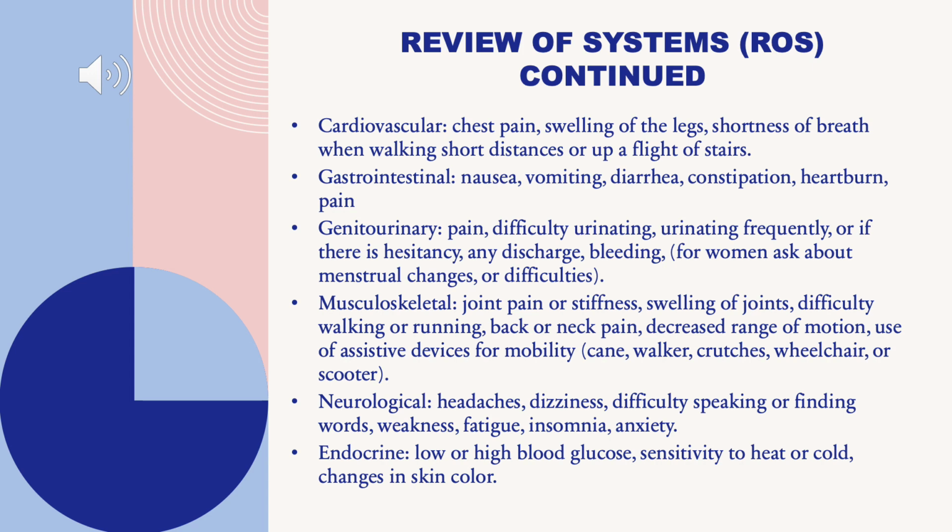Neurological, you'll ask about headaches, dizziness, difficulty speaking or finding words, weakness, fatigue, insomnia, or if they ever feel anxious. And then the endocrine, you'd ask about low or high blood sugar or blood glucose, sensitivity to cold or heat, changes in the skin color.